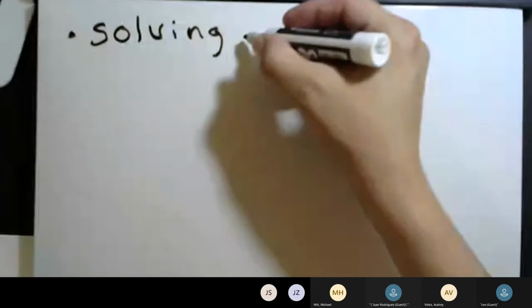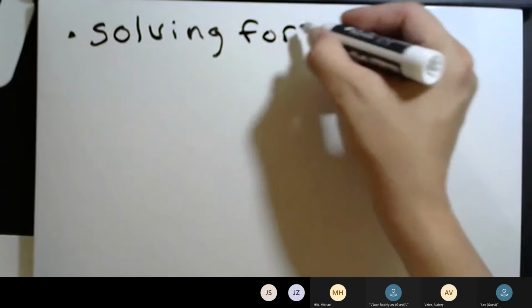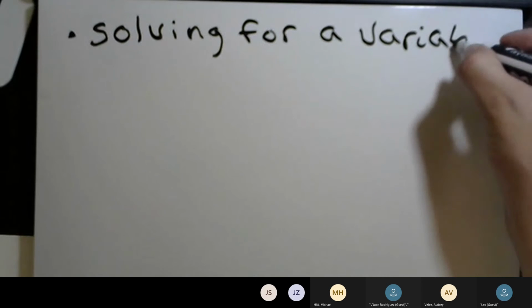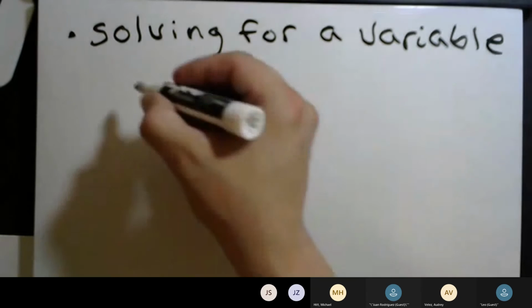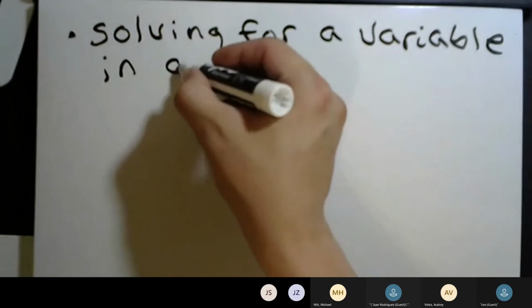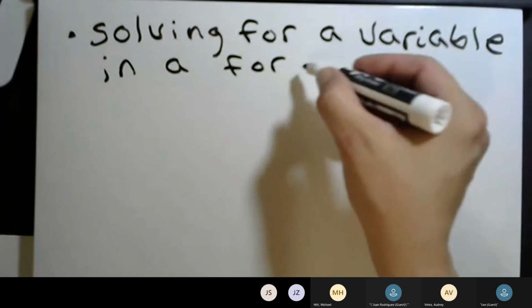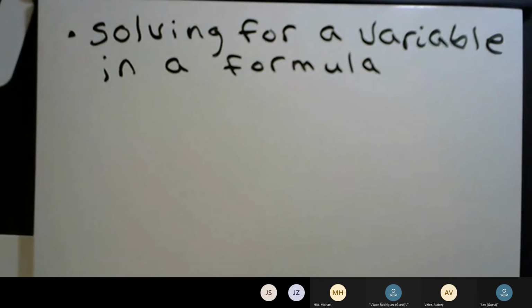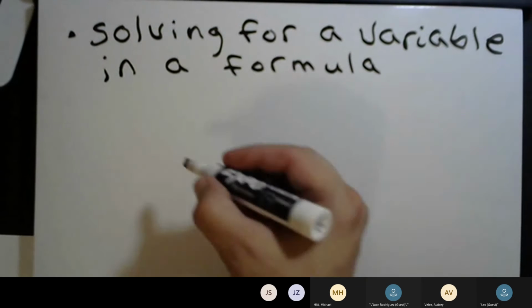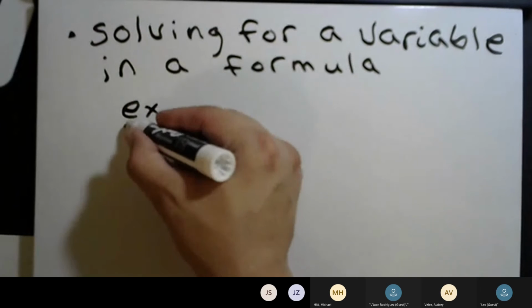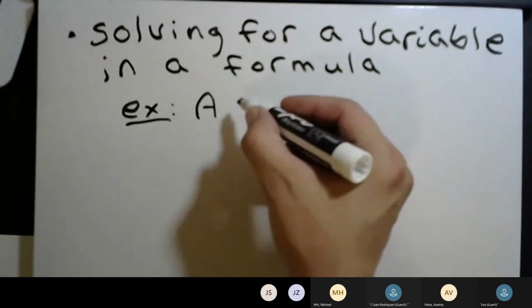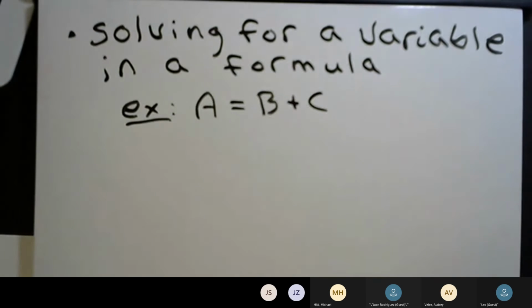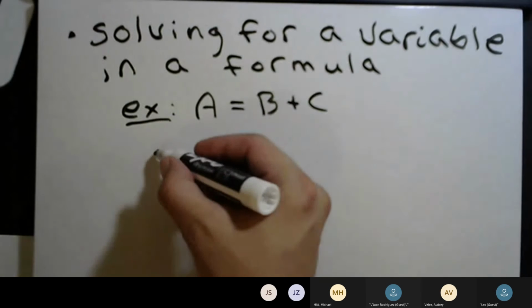Here, let me show you. So just to review, we were interested in, say, a formula like this.